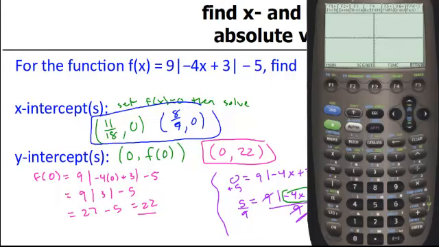So diamond F3. And this is the viewing window that might be a little bit easier to see. Now, you might want to change it, but even within this, you're good. But if you want to change the window settings, you can. So if I know that this is a steep graph, so I don't need to see from negative 10 to 10, I might just want to see from negative 3 to positive 3, let's say.